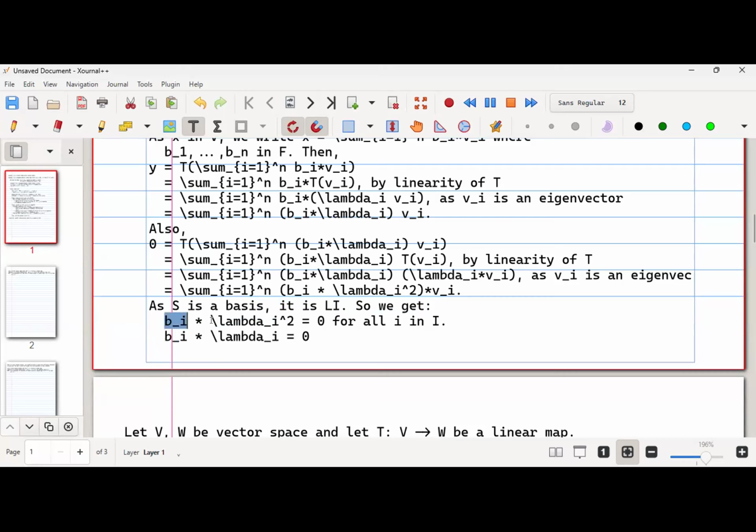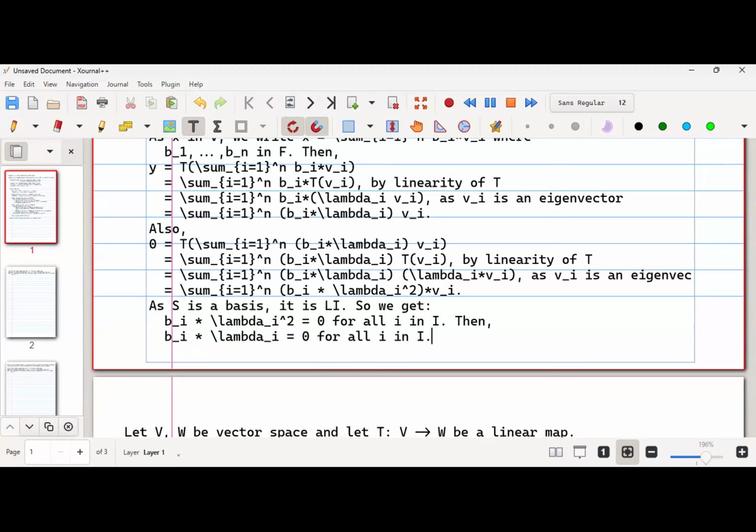So if you have this times this equals 0, then either b_i is 0 or lambda_i squared is equal to 0. Lambda_i squared is equal to 0 if and only if lambda_i is equal to 0. So now we have either b_i is equal to 0 or lambda_i is equal to 0, which concludes that b_i times lambda_i must equal 0, again for all i in I.